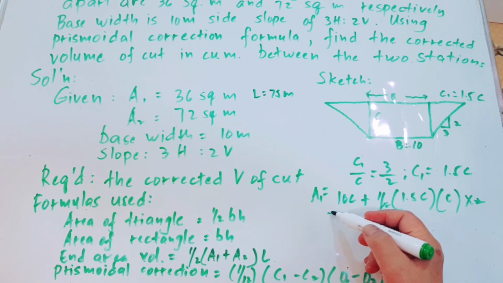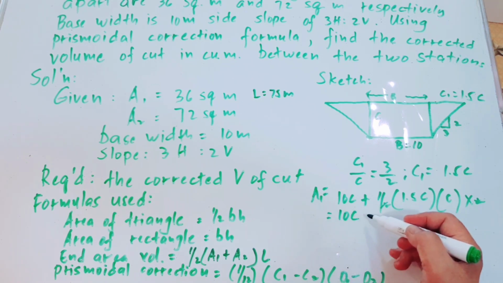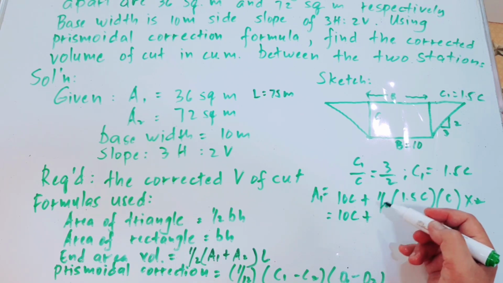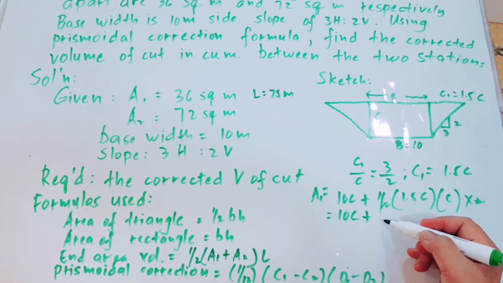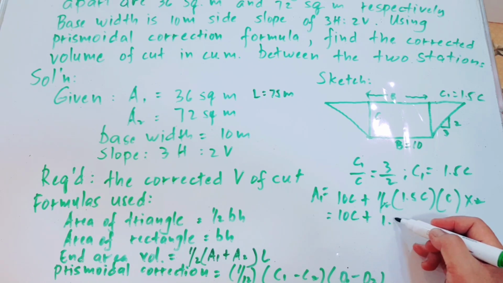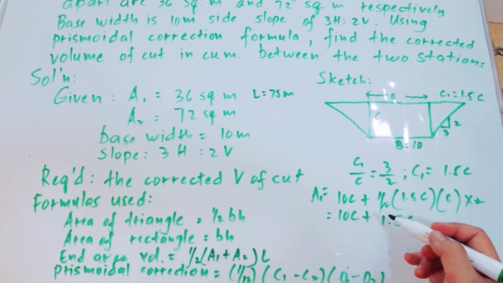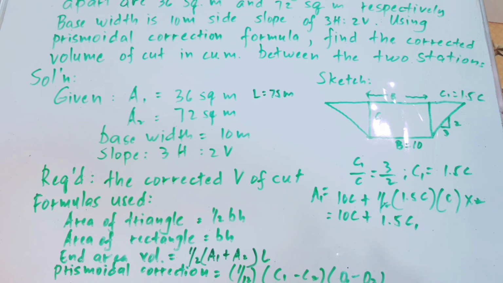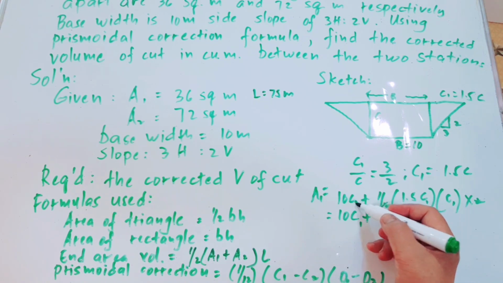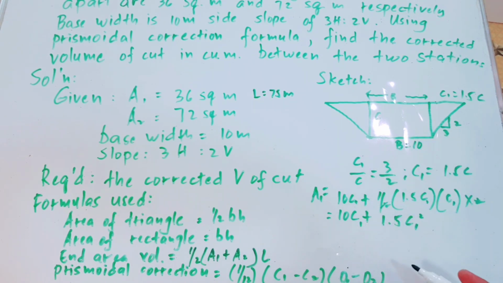Therefore, area 1 is equal to 10C plus 1.5 C squared. This is C1 and C1, because we're considering area 1.